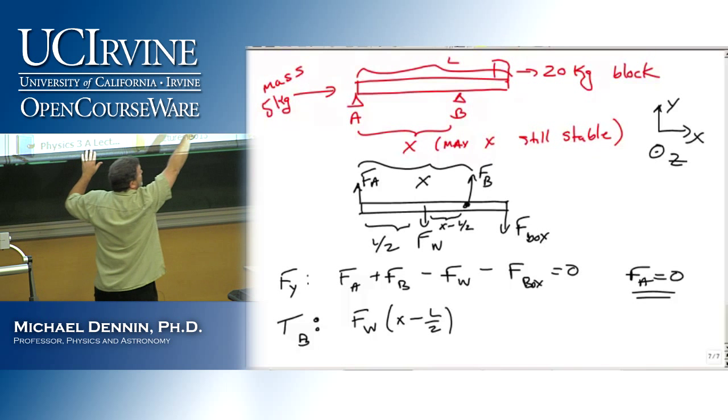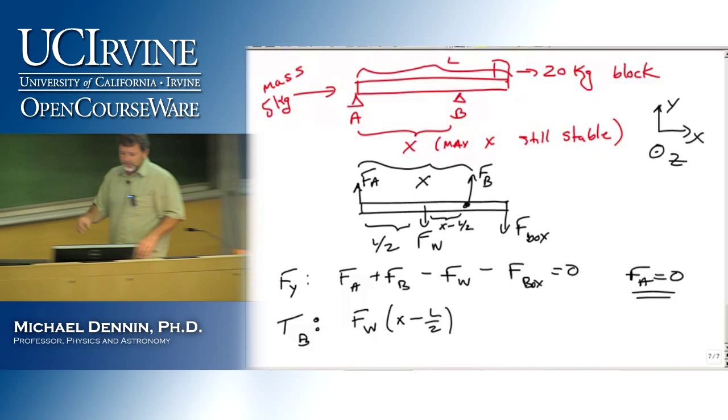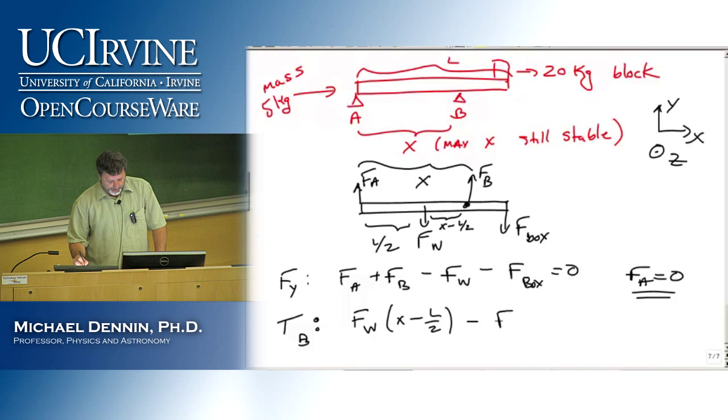The box is going to go this way, curl into the box and go in, so it'll be negative. So that's the weight. We minus the box. And the way I drew it, the box is at L minus x, that distance from here, because the total length is L. We set that equal to 0.